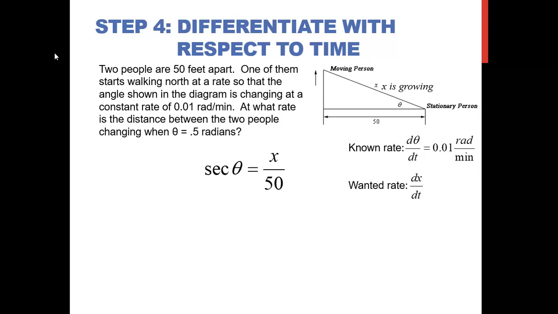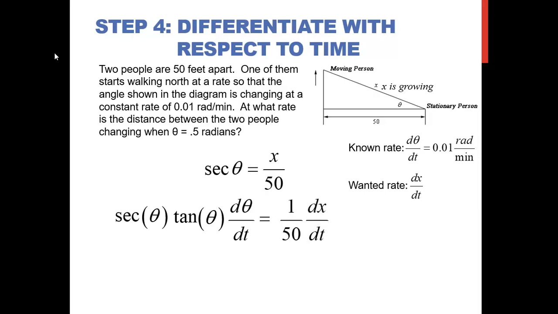The derivative of secant theta with respect to theta is secant theta tangent theta, and then we have to multiply by the derivative of that inside function, that's d theta/dt. On the right-hand side, we just have the constant 1/50 times x, so the derivative is the constant times the derivative of x with respect to t. The derivative of x with respect to t is exactly what we want to get all by itself.